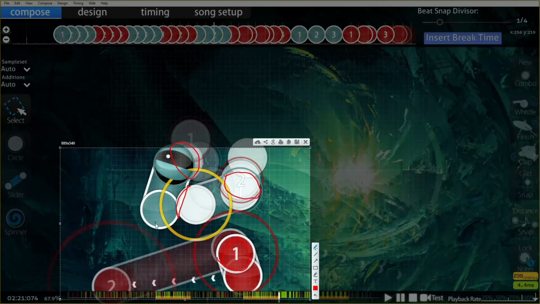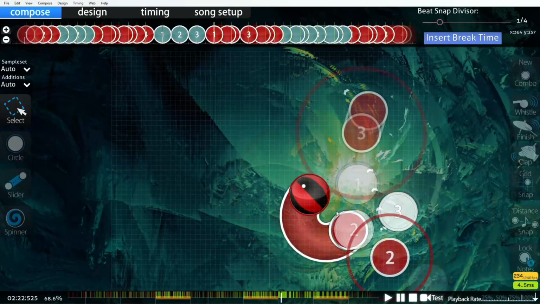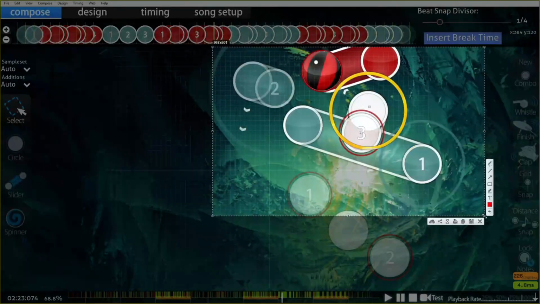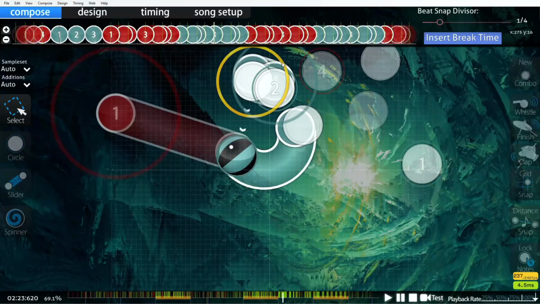So it's very consistent with the kind of overlaps that I have in the map. Same here, slider tail overlap. Same here, only half of the slider overlaps with another slider like this. And believe me, it's gonna be the same everywhere we go, other than this pattern right here, because this puts really good emphasis on the guitar solo right here.